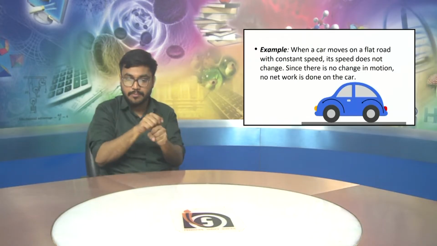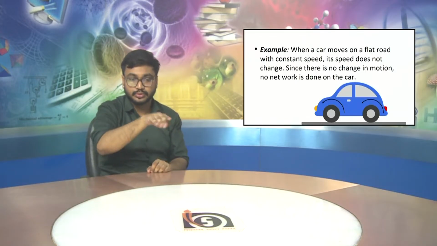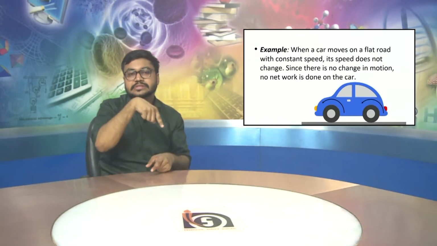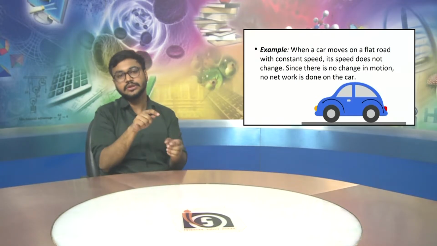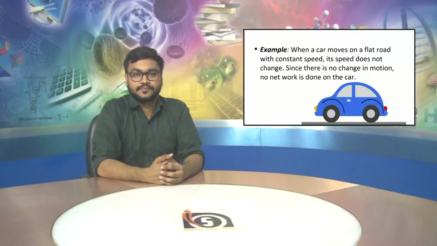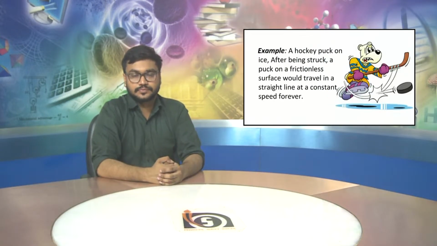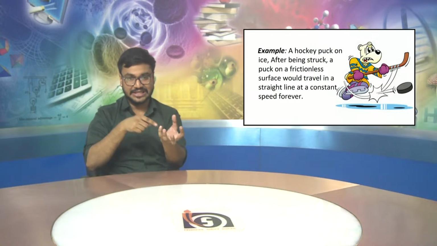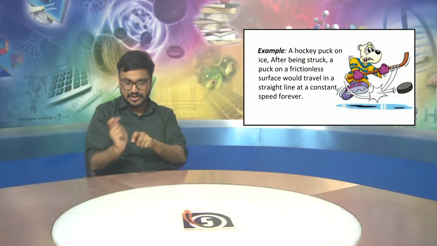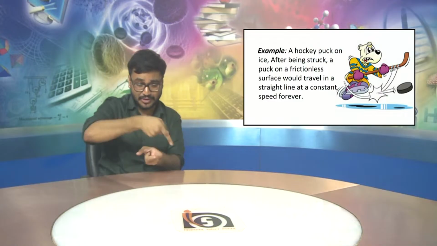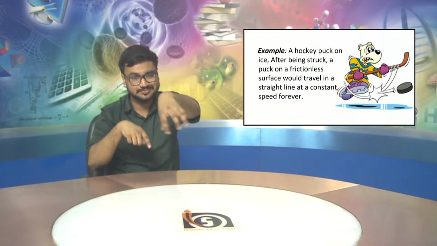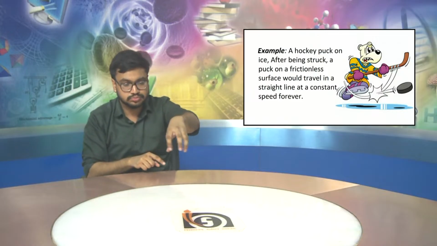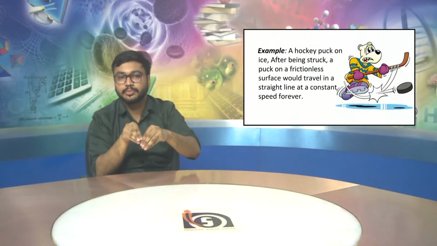Since there is no change in motion, no net work is done on the car. And also a hockey puck on ice. After being struck, a puck on a frictionless surface would travel in a straight line at a constant speed forever.